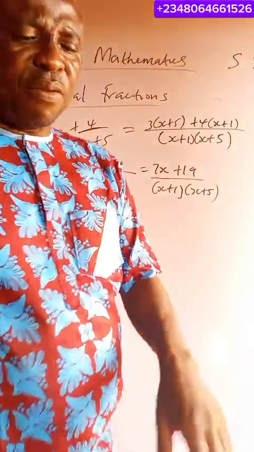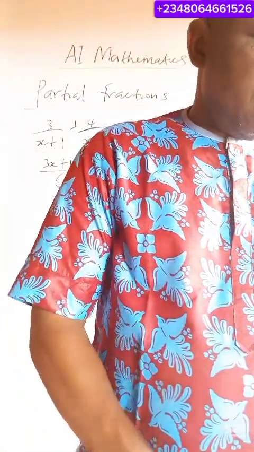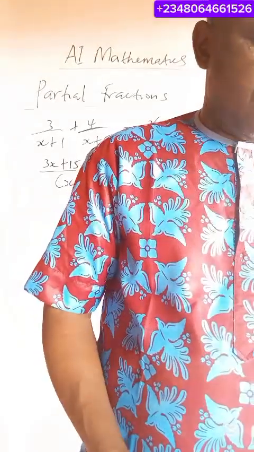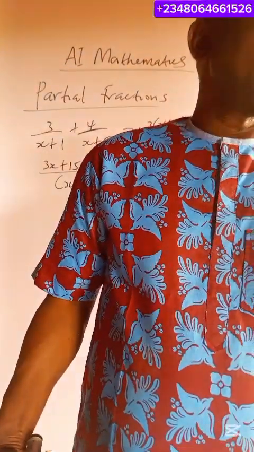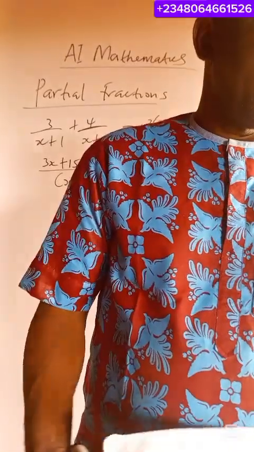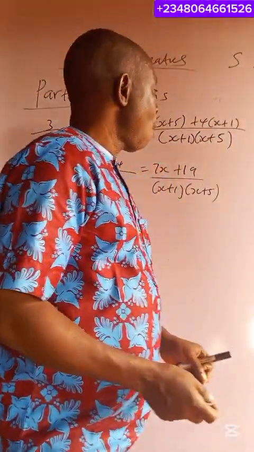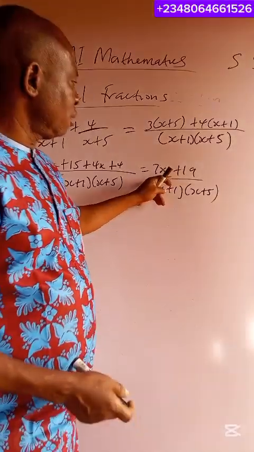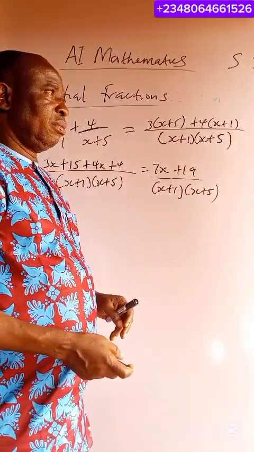Then we have types of fraction. It means that I can resolve this now and get 3 and 4 back.